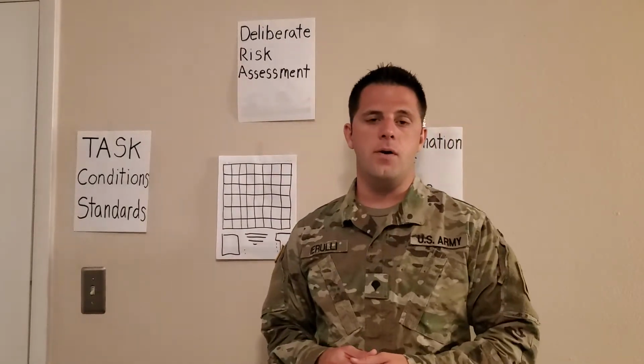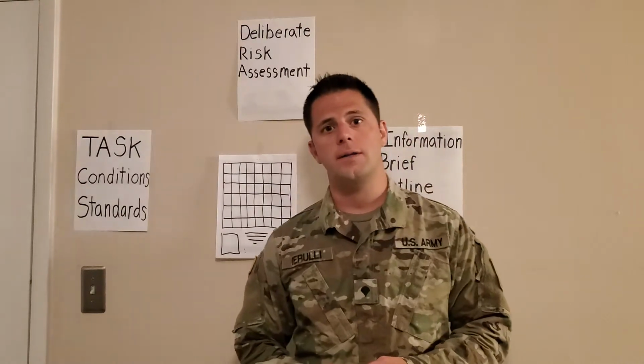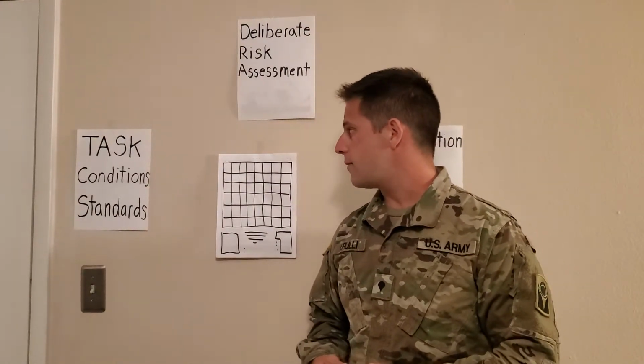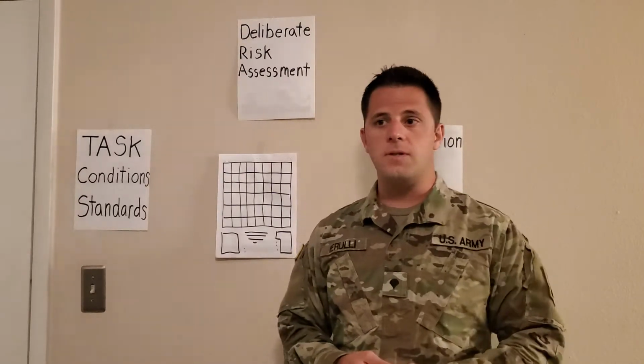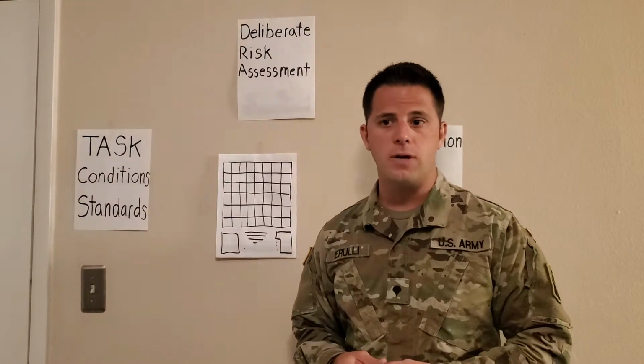Today we'll be going over determining a grid azimuth using a military protractor. Here are the task, conditions, and standards displayed. The task for today is to find a grid azimuth on a map using a military protractor.